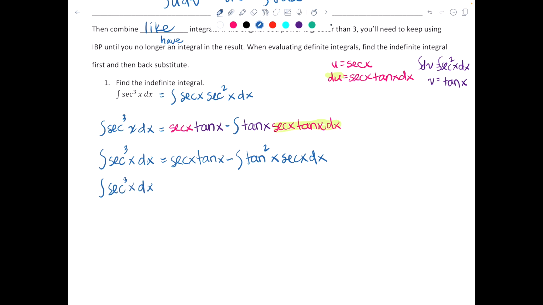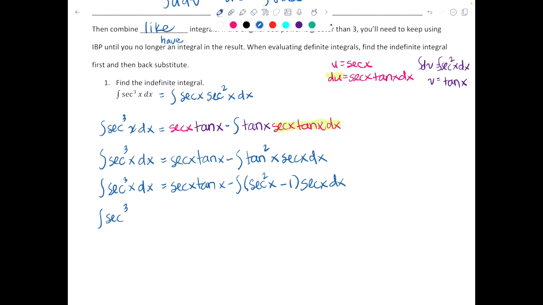So you basically simplify that integral and rewrite it in terms of secants again, and you might have multiple integrals. So this will be secant squared at x minus 1 times secant at x times dx.